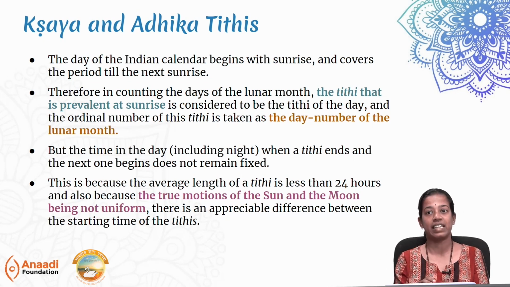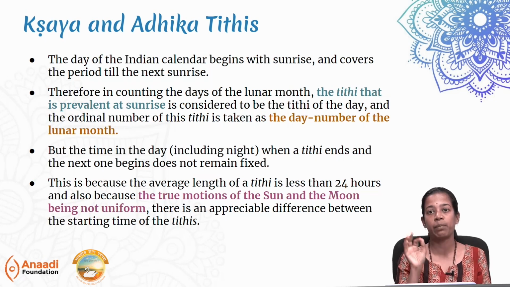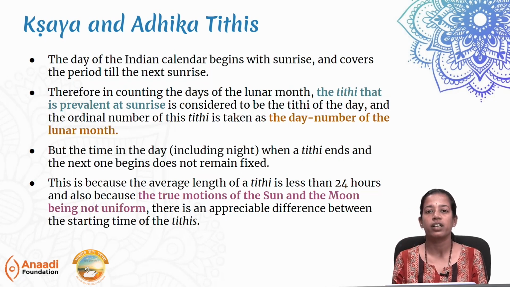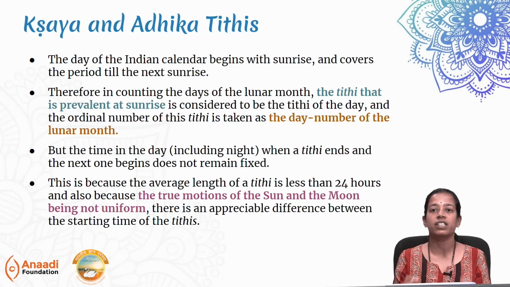So, you can clearly see that there is a fair chance that from one sunrise to another sunrise, it need not be the same Tithi. For example, if today during sunrise we are traversing through the 5th hour of the Panchami Tithi, then already 4 hours are over, and that particular Tithi can go on for, let's say, 22 hours.